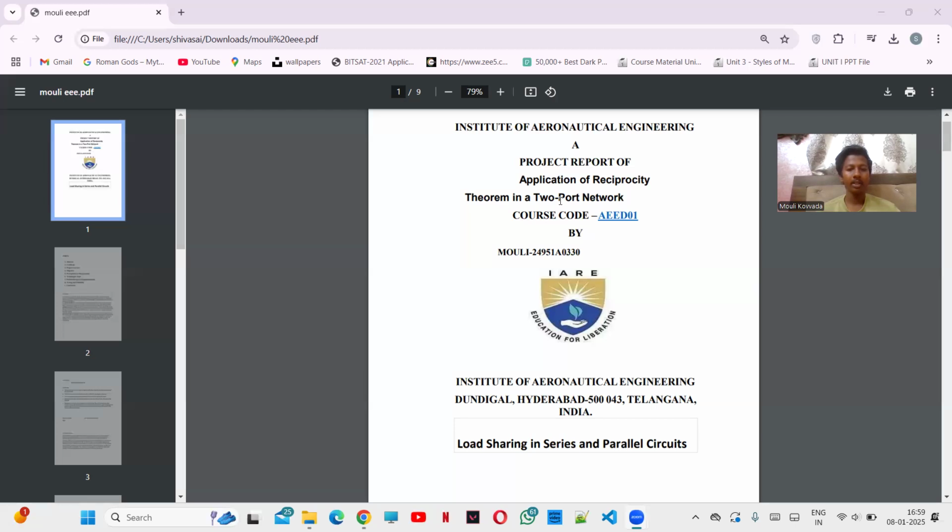First, I want to tell about series circuits. A series circuit is a type of circuit where all the components, such as resistors, capacitors or inductors, are connected end to end, forming a single continuous path for current to flow.